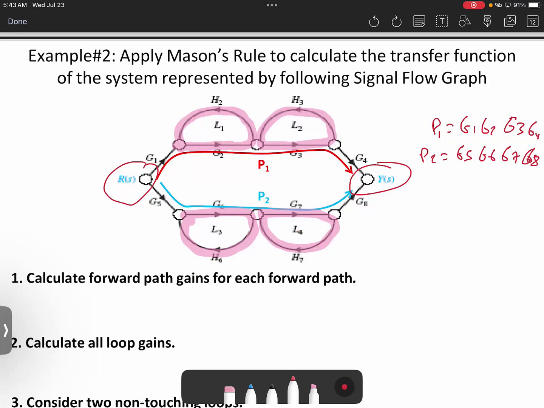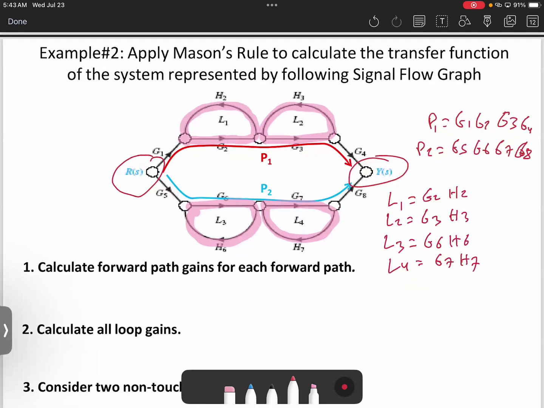What are these loop gains? Loop number 1 gain is what? G2, H2. How about loop number 2? Loop number 3 is H6. Loop number 4 is G7, H7. How about delta? To calculate delta, let's consider the possibilities of the loops.